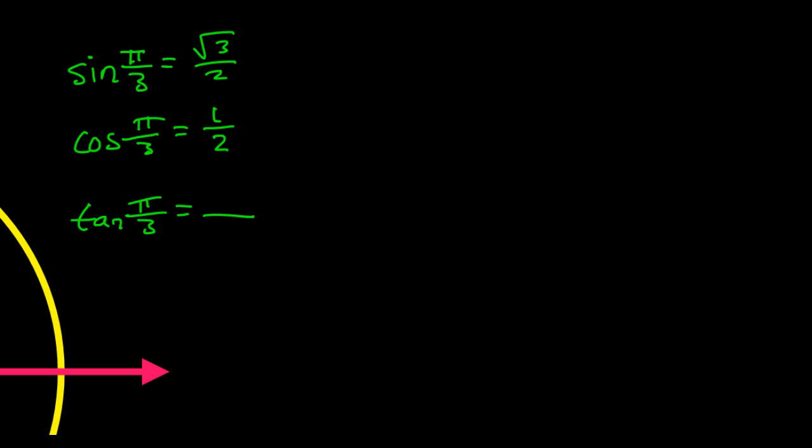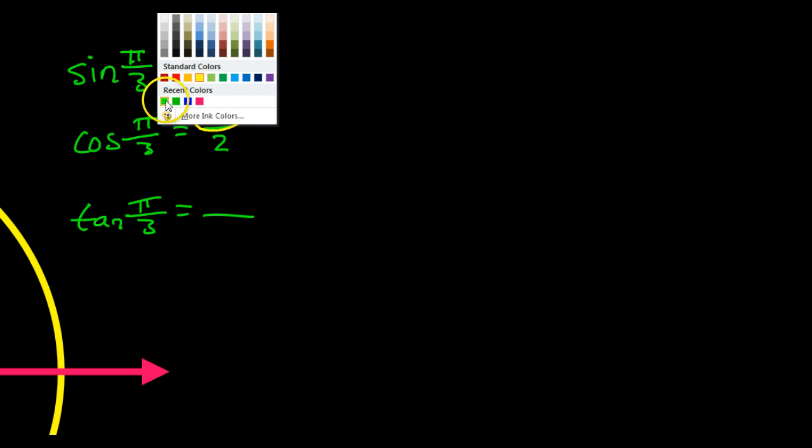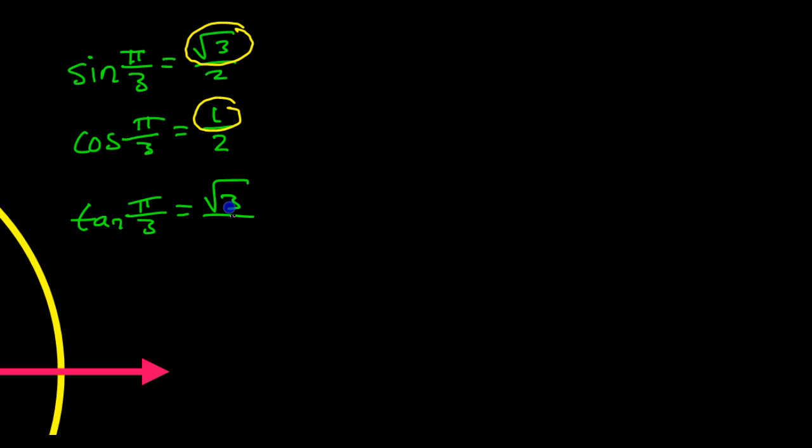So when I say sine over cosine, it's going to wind up being radical 3 over 1. All right, and of course we're just going to write that as radical 3. Okay, so that's really the best way to start thinking about it.